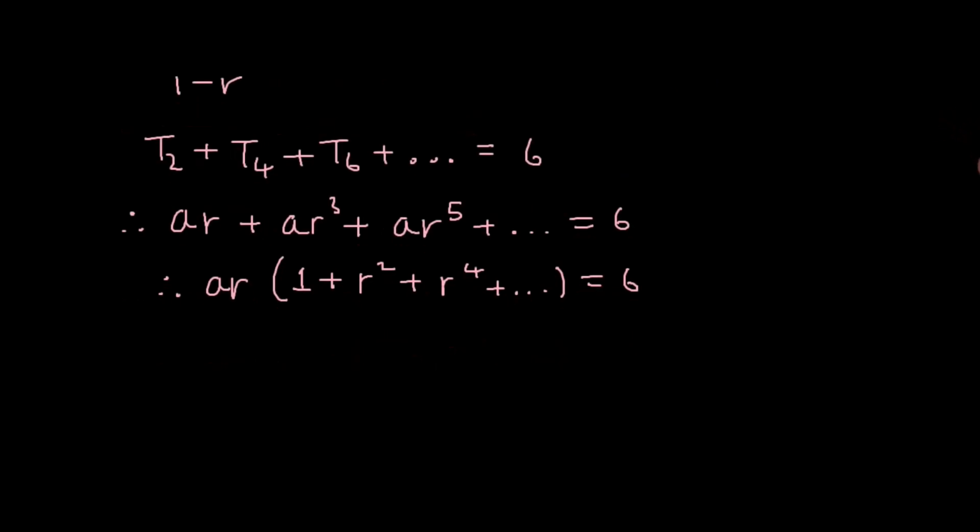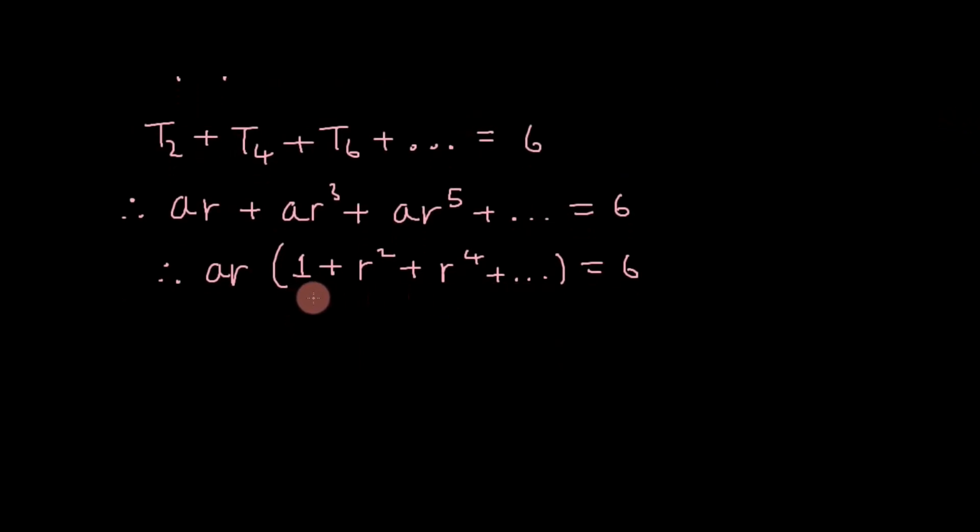Let's look more closely at what is inside the brackets here. This in itself is an infinite series, with the first term a equal to 1 and the common ratio r equal to r squared. We are multiplying by r squared each time to get to the next term.